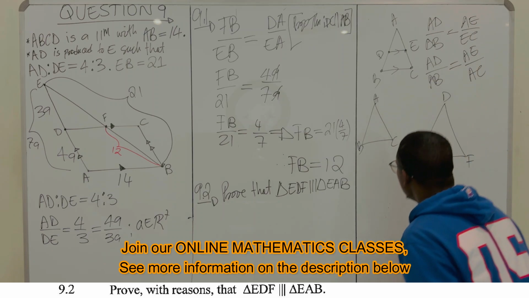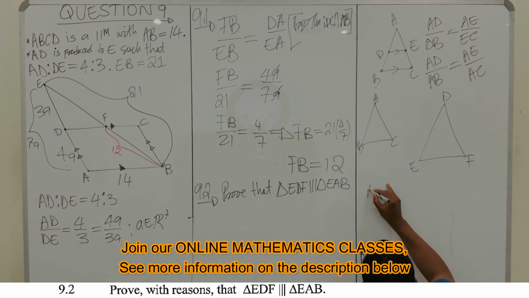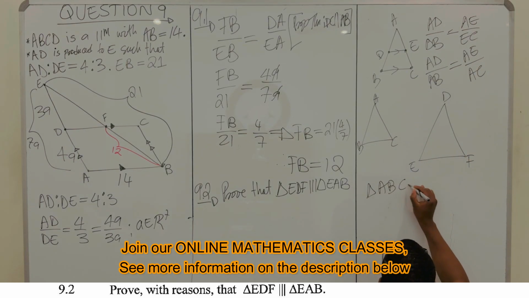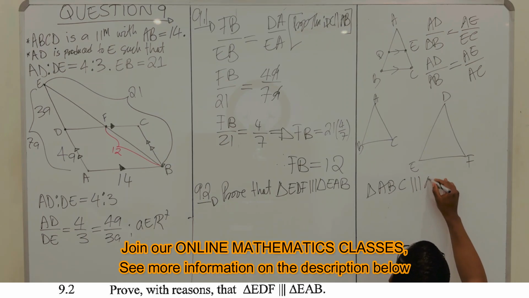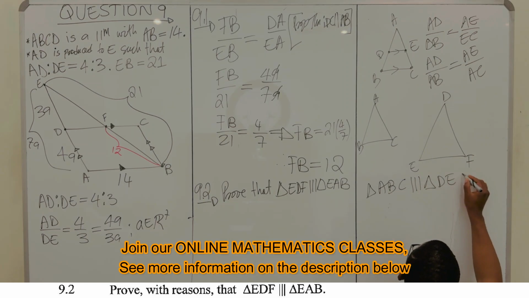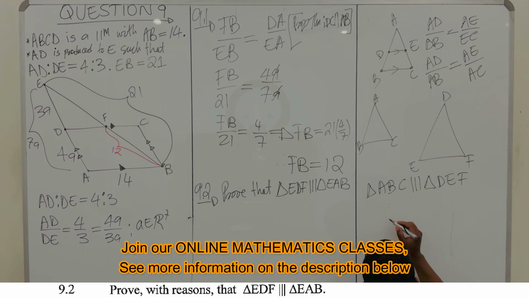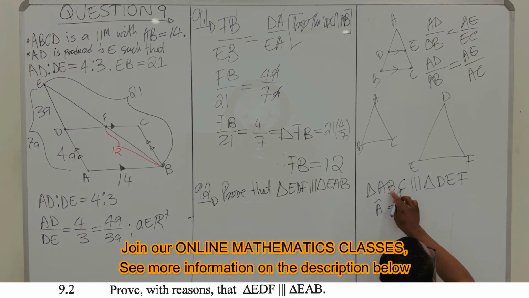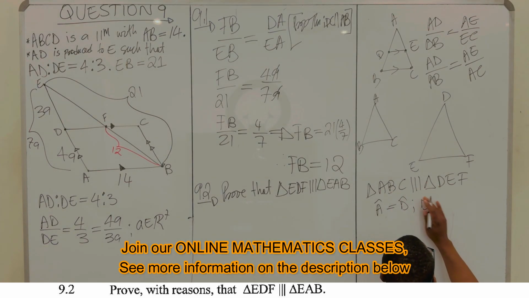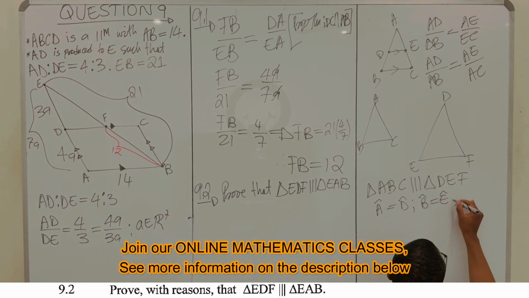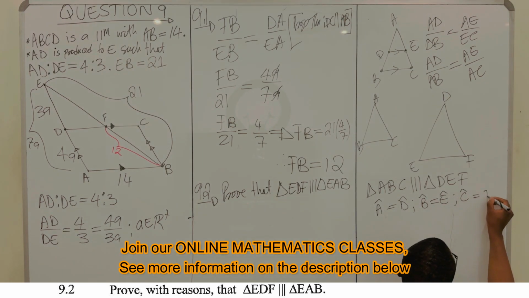If you are saying to me triangle ABC is similar to triangle DEF, you are saying this angle is the same as that angle, which is angle A is equal to angle D. What else? Angle B is equal to angle E. And angle C is equal to angle F.